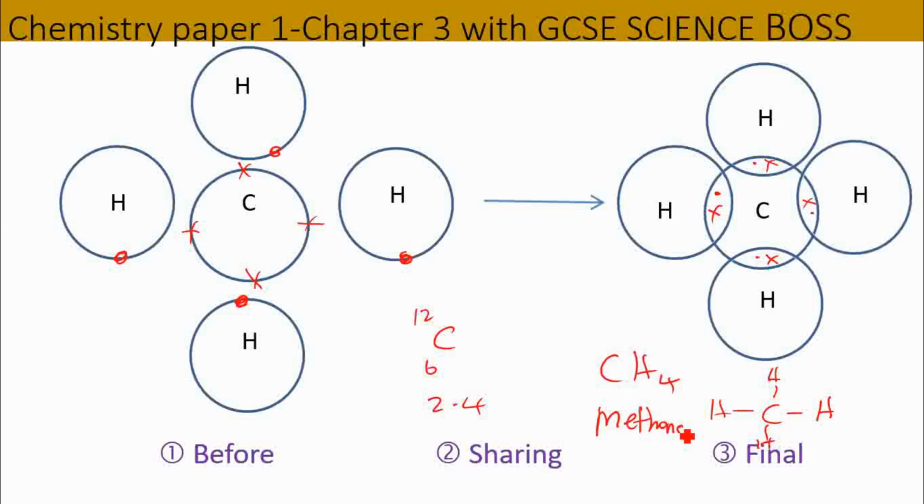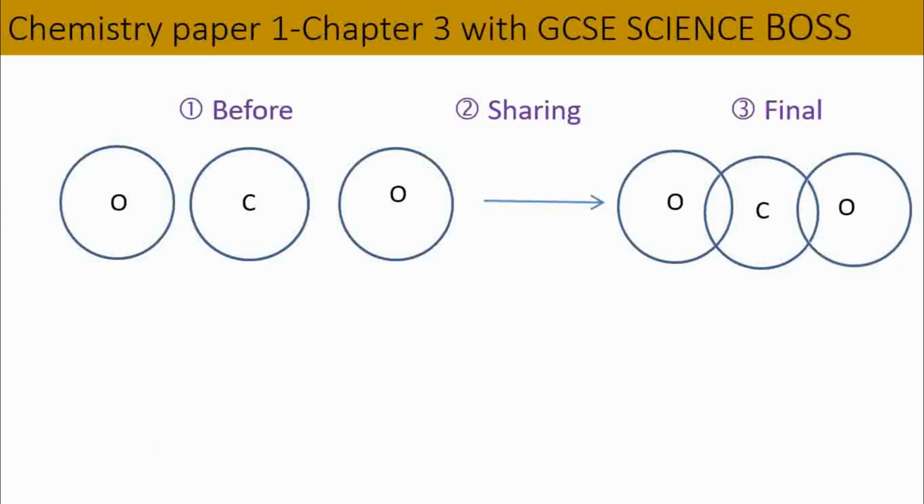Okay, good. And the final one that we will do, this one could be a little bit tricky for some students. So we have established that carbon is 2, 4. Oxygen, we should know that oxygen is 2, 6. Another oxygen, which is going to be 2, 6.